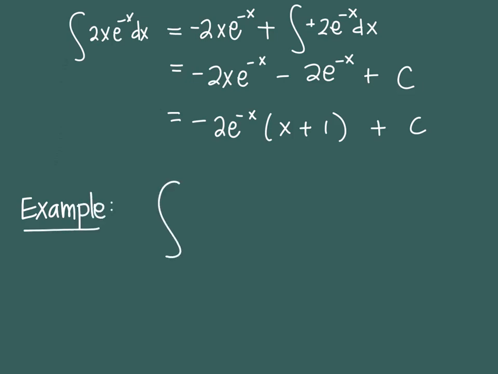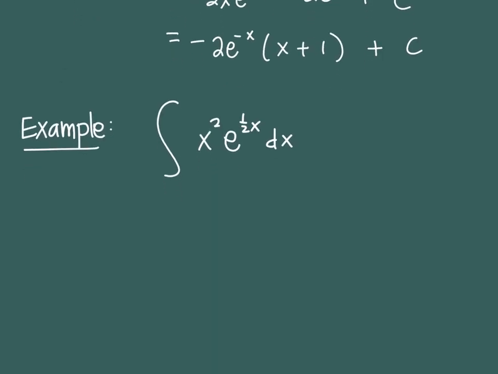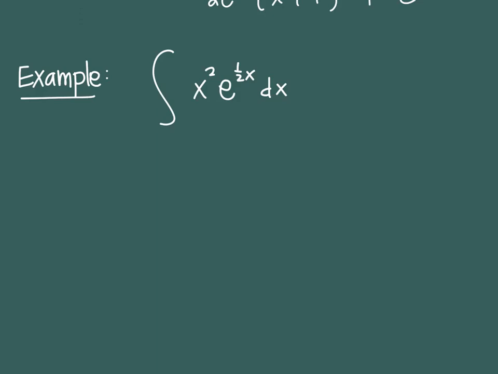I'm going to do another polynomial exponential combination. How about x squared e to the half x dx? Again, you jump: oh, it's a product. Public service announcement: if any of your homework questions are not products, they don't have to be done this way.